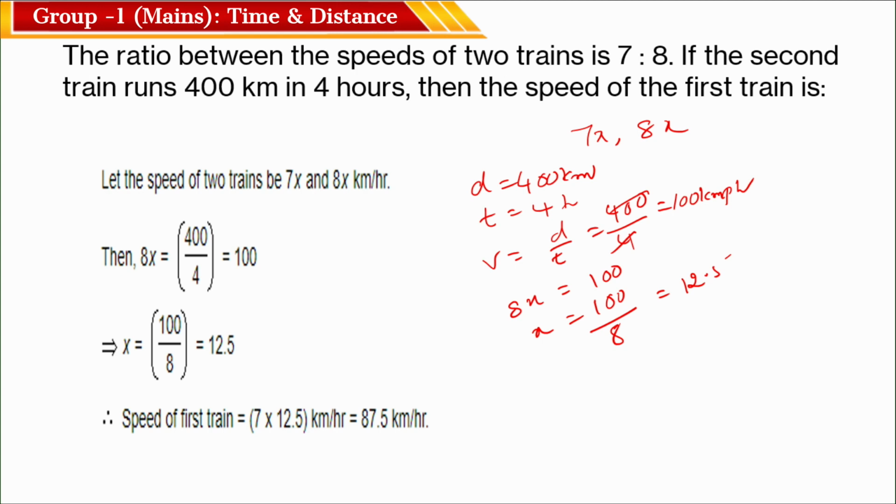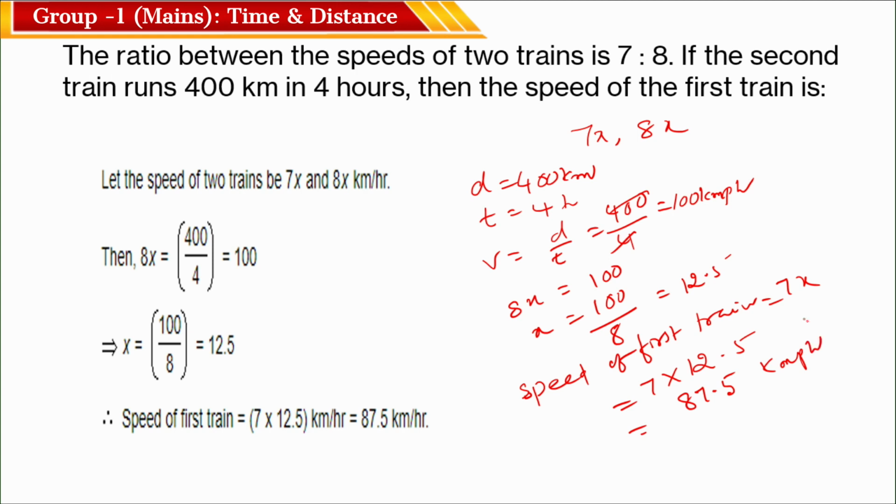Here x is 12.5. So, the required one is the speed of the first train. What is the speed of the first train? Speed of the first train is 7x, correct. Means 7 of 12.5. 7 12s are 84, 7 5s are 35, so 84 plus 3.5 means 87.5. So it is kilometers per hour.